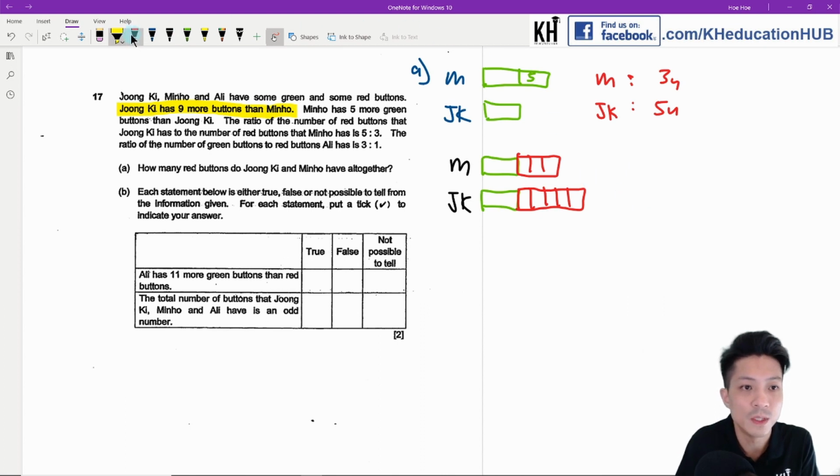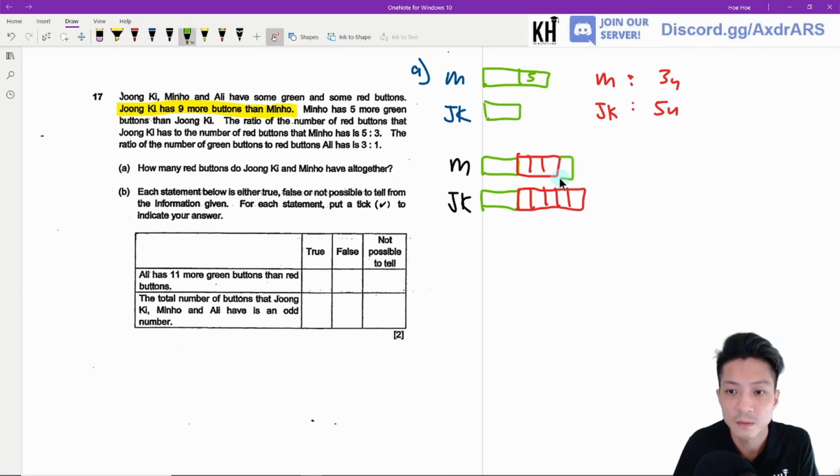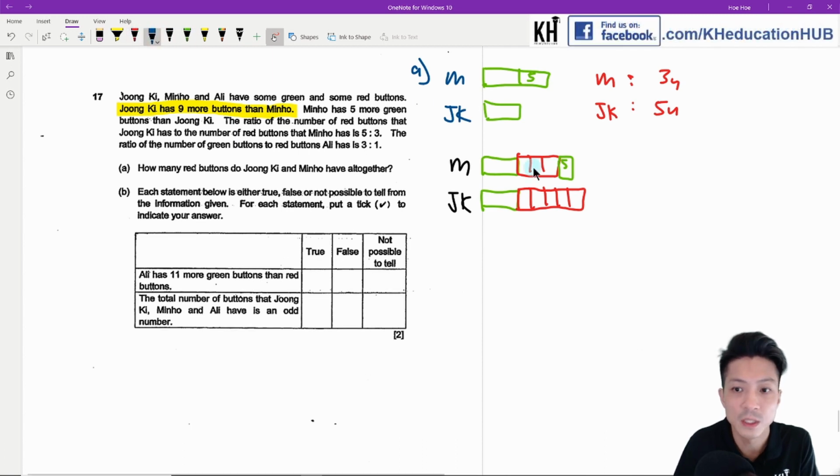Okay, which means that if I were to add back the 5 over here, okay, the graphs are not very proportional. So this part over here is gonna be the 9.